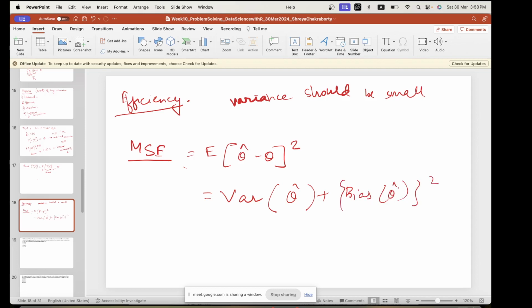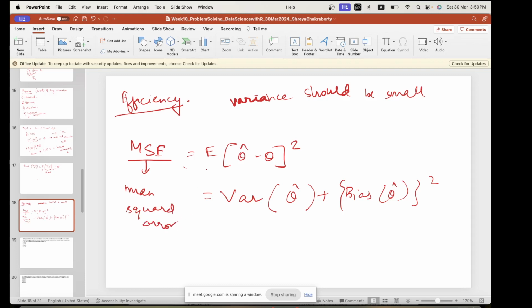Since bias and variance both characterize the goodness of any estimator, both of these are captured by the mean square error. MSE is nothing but mean squared error.